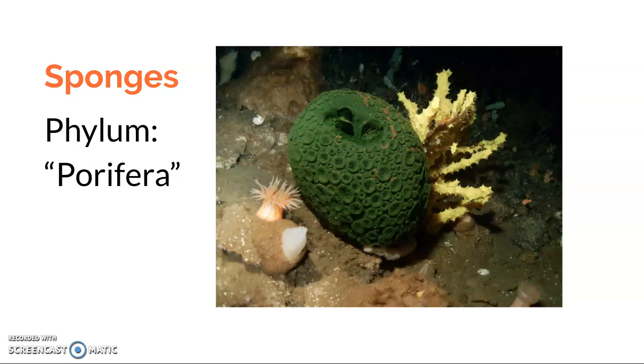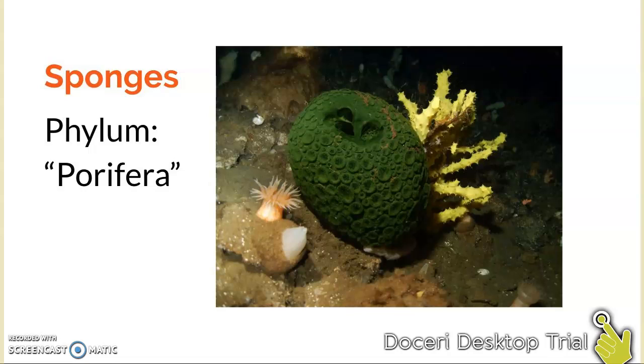When the water flows through the sponge, it extracts nutrients and small organisms that it needs. Then the water is pushed out through the top of the sponge. So the food is going to come in through here and then out through the hole.